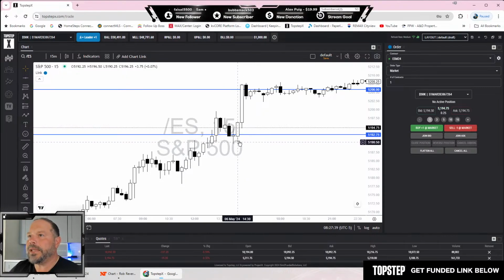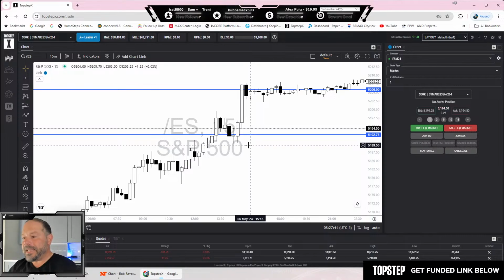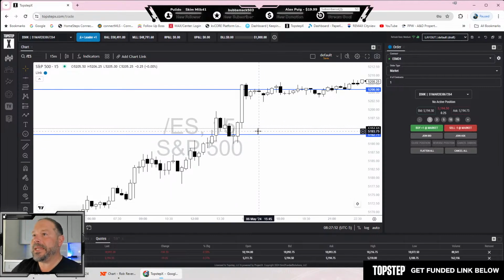You see this wick down here? Well, to me, it tapped into that level right before, once again, right before you had that boom. So this to me would be an area where I could see stalling of the market, but not necessarily a clear rejection upwards. Okay, hopefully you guys understand that.